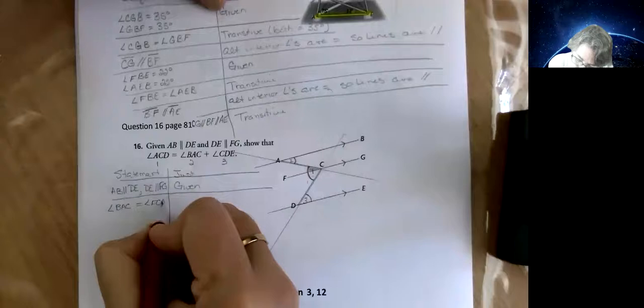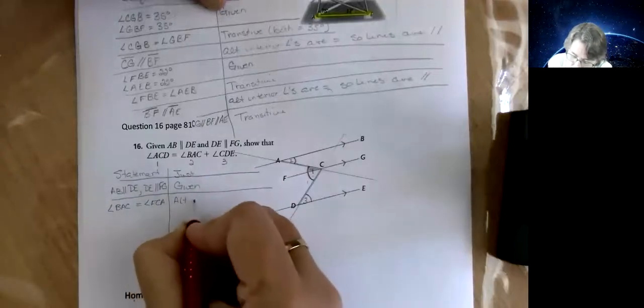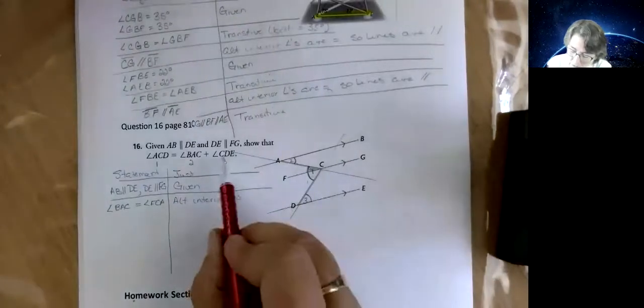I want this one that I colored in up there, so it's FCA. And that's because they're alternate interior angles. And we might as well do the other one. So angle 3, which is EDC. Oh, look, they said CDE, so go in the same order. CDE.